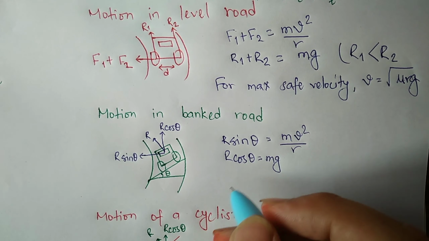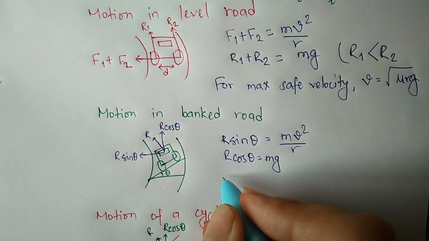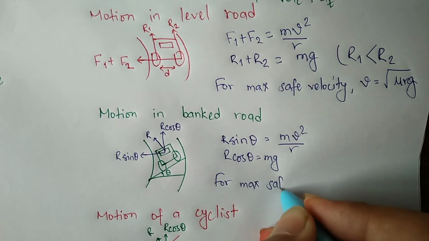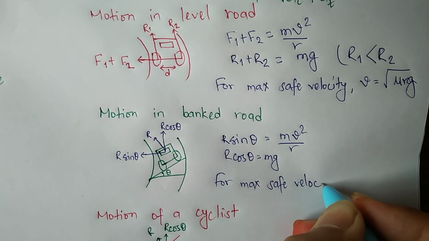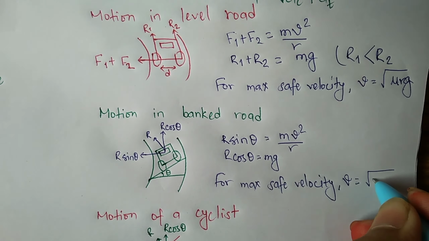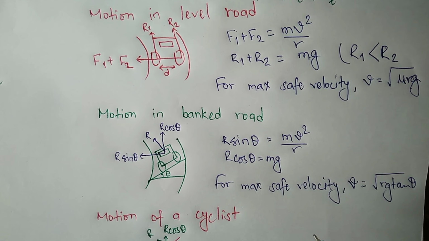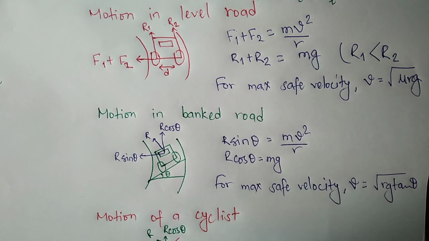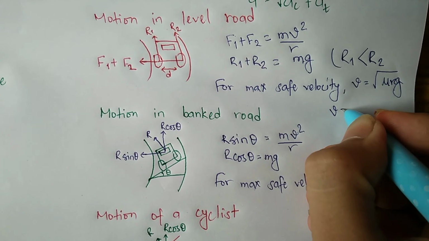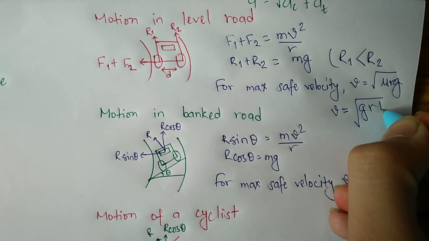So now for maximum safe velocity, v is equal to root under r g tan theta. Well, here we can also find velocity by the formula root under g r d by 2h.